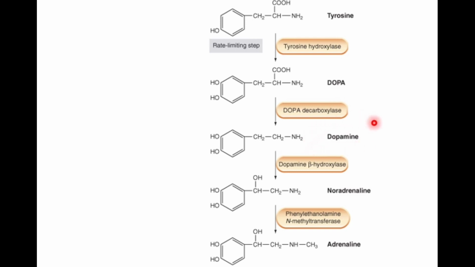Another point I should make in this slide: dopamine is a neurotransmitter in the central nervous system. They are called dopaminergic neurons. Many drugs which impair adrenergic transmission may also have a similar effect on dopaminergic neurons.